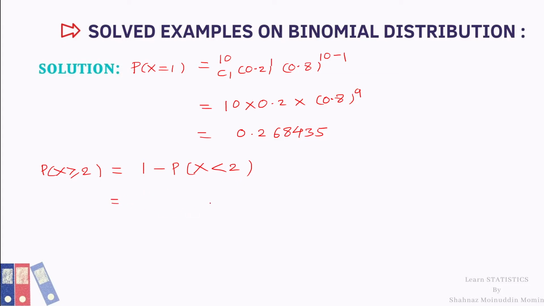That's why students are requested to decide, on the basis of the example, which method we should use in order to save time and effort. So it is equal to 1 minus probability x equal to 0 or 1, since only these two values are less than 2, which is equal to 1 minus probability x equal to 0 plus probability x equal to 1.